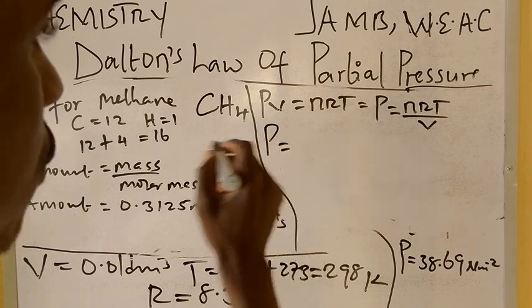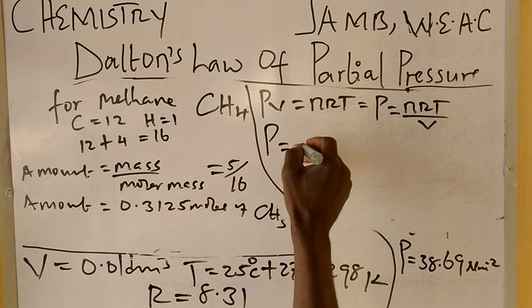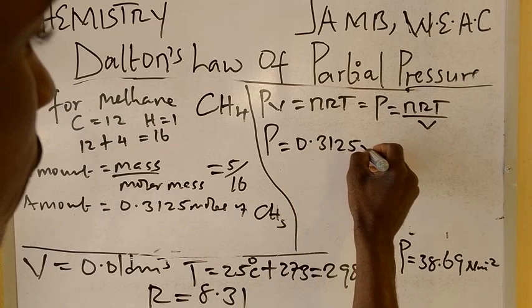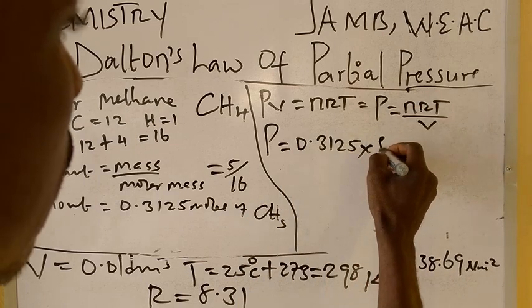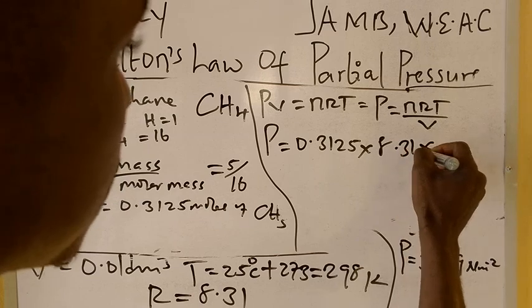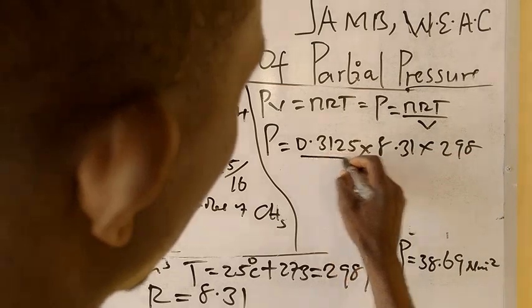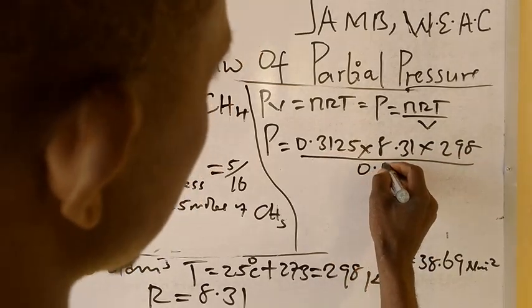So P will be equal to n, which is 0.3125, times R, 8.31, times T, which is 298, all over 0.01.